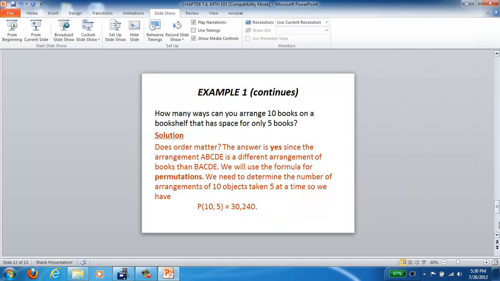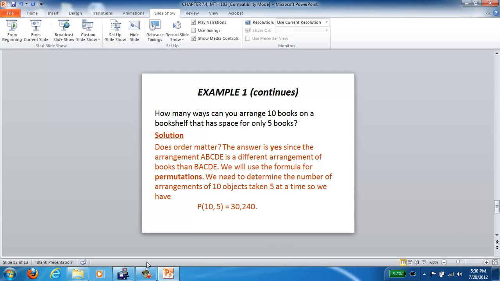Now let's do the same problem, but instead of 10 friends we have 10 books on a bookshelf that has space for only 5 books. In this case, of course, the order is important, since the arrangement A, B, C, D, E is different from the arrangement B, A, C, D, E or B, C, D, A, E and so on.